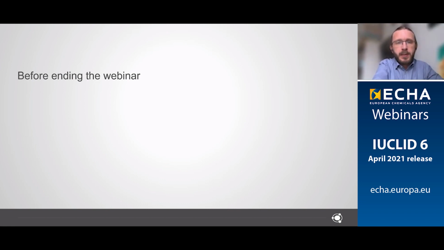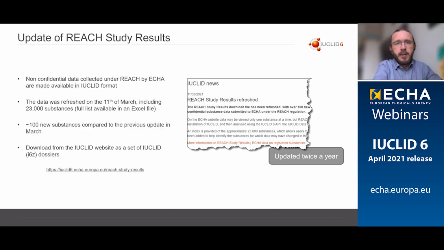Welcome back from my side. Before we close this webinar, I have some additional information to share with you. The first one is an update of the REACH study results. You will see that on our Euclid website, you can download the latest batch of information made available as Euclid dossiers, corresponding to the information received in the context of the REACH regulation and the REACH registration dossiers prepared by industry in Europe.